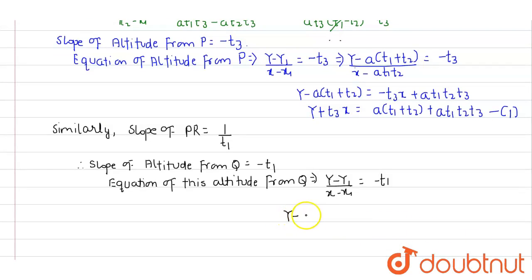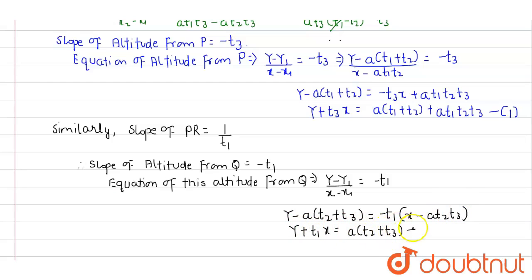So you will get y minus a times T2 plus T3 equal to minus T1 times x minus x1, where x1 will be a T2 T3. So solving, I'll get y plus T1x equals a times T2 plus T3, plus a T1 T2 T3.